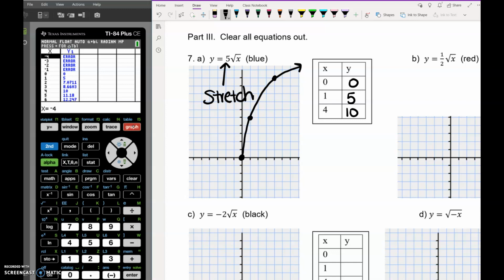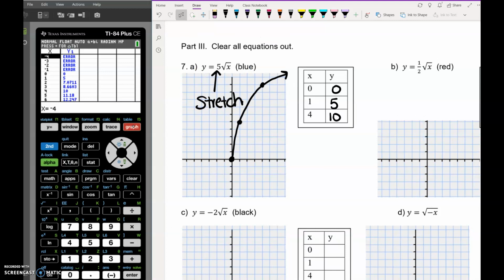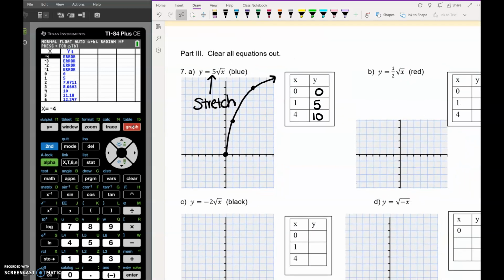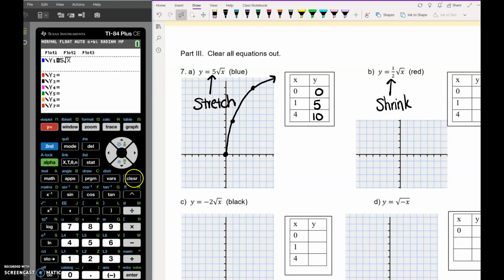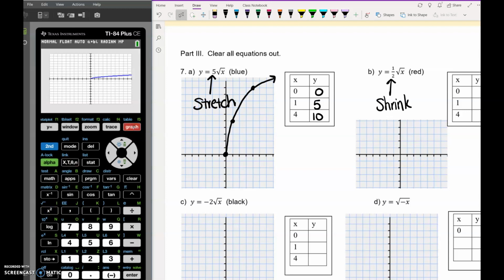So what do you suppose in part B the 1/2 is going to do? Stretch it. Make it wider. It's going to smush it. So if in my calculator I put y equals 1/2 times the square root of x, it's a very, very smushed, wide looking graph.